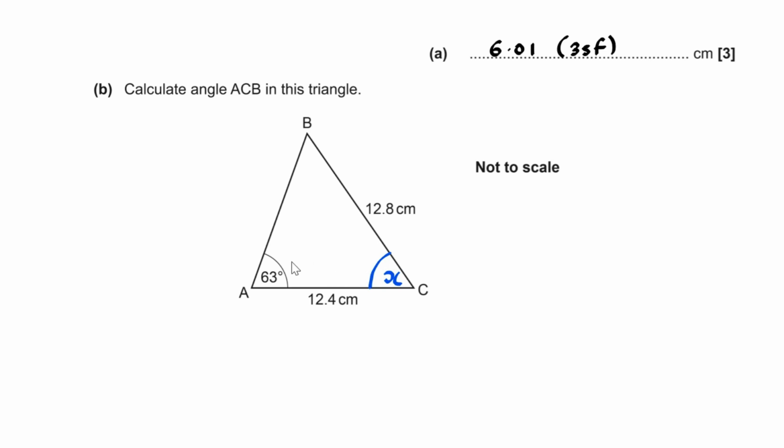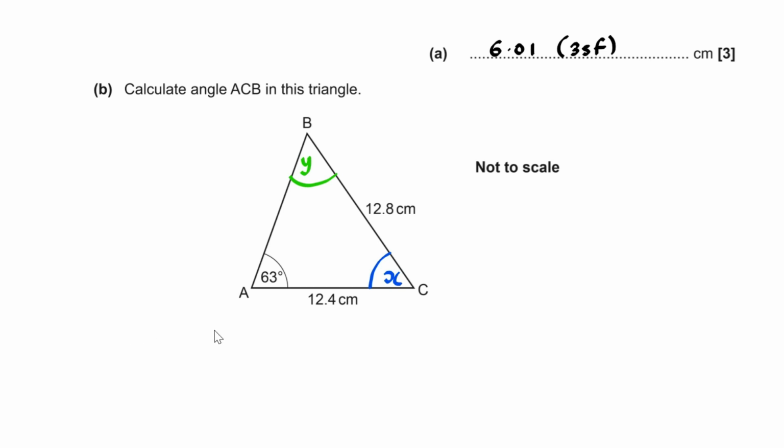Well, here we've got an angle and a length opposite, and here we've got a length, but we've got an angle here adjacent. So what we'll do is we'll find out this angle y first of all, using the sine rule.